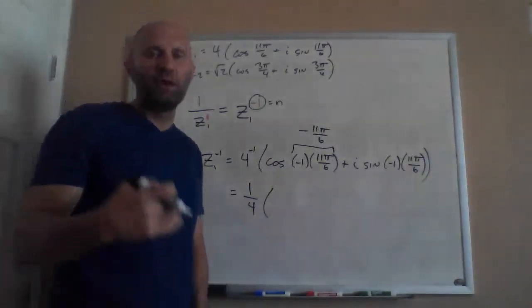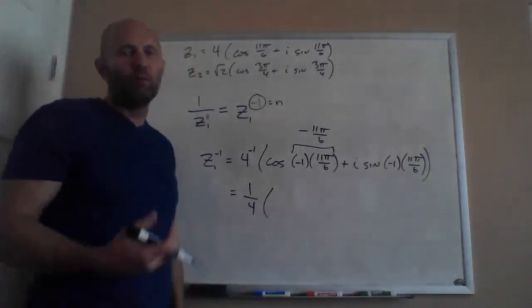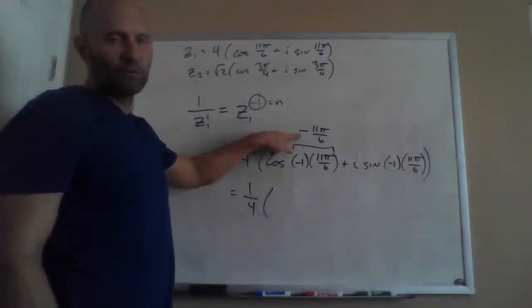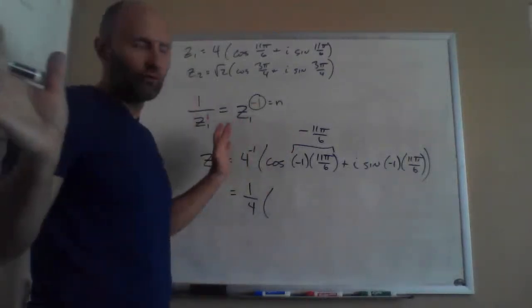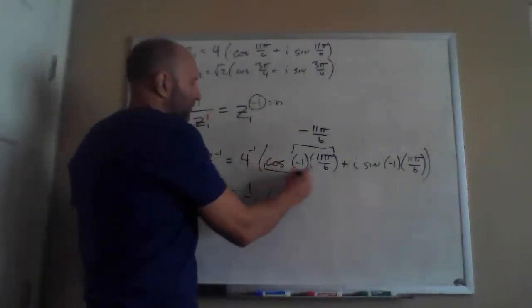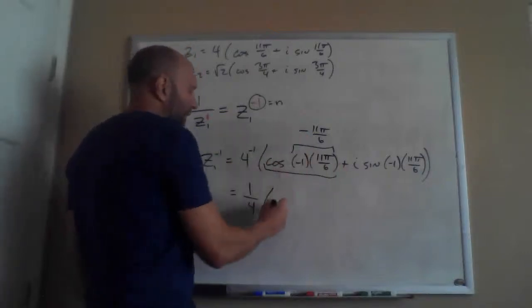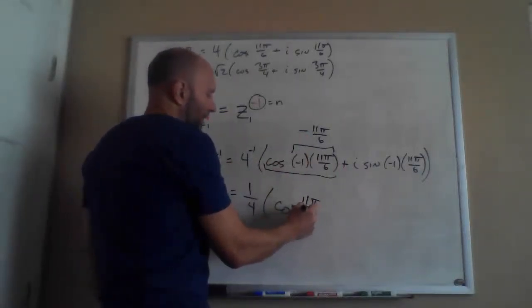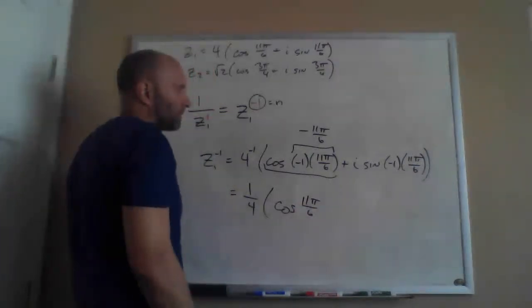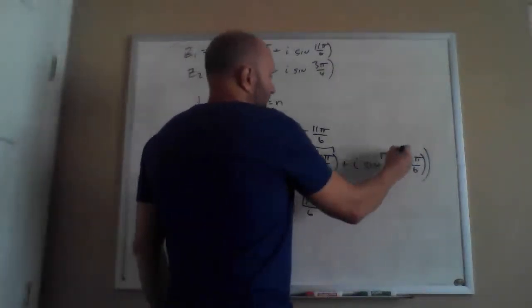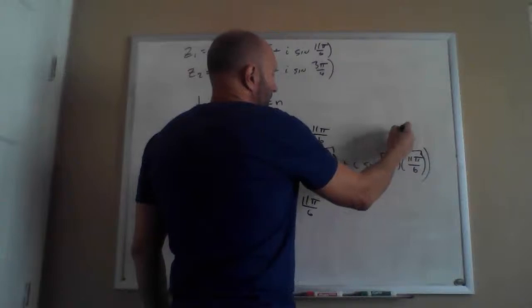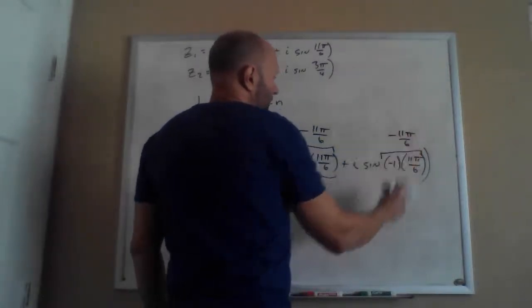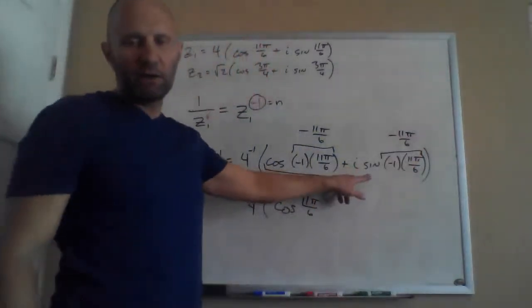So cosine of negative 11 pi over 6. Cosine is an even function. When we have an even function, what happens to the negative sign? It goes away. So this piece, cosine of negative 11 pi over 6, is the same as cosine of 11 pi over 6. Same idea here. This is negative 11 pi over 6, but sine is an odd function.